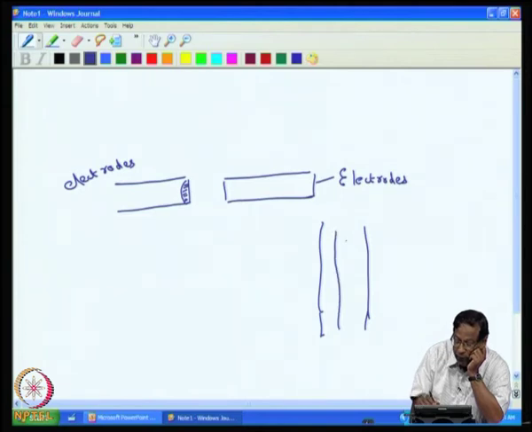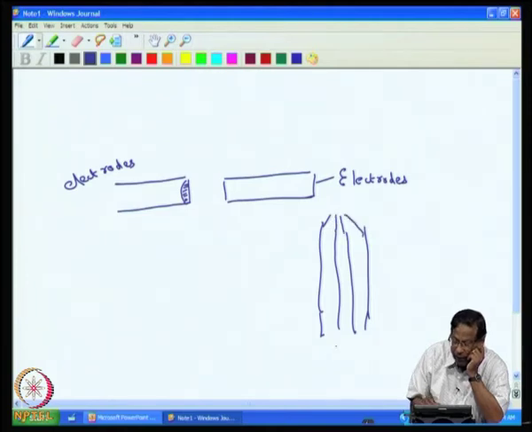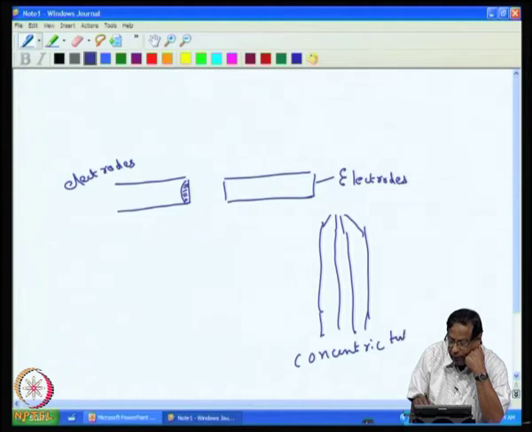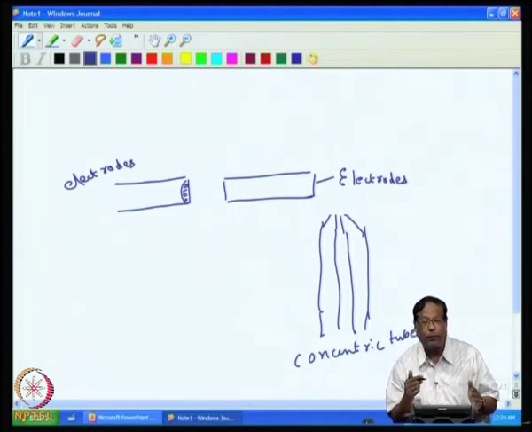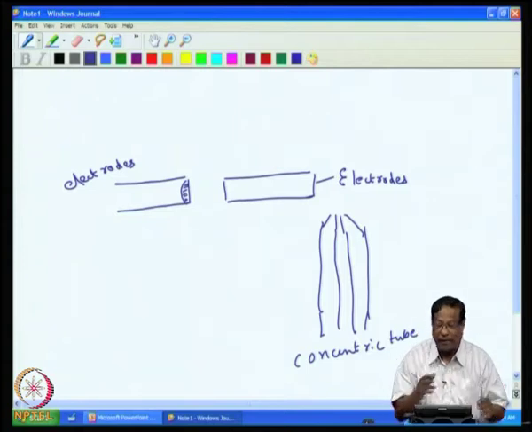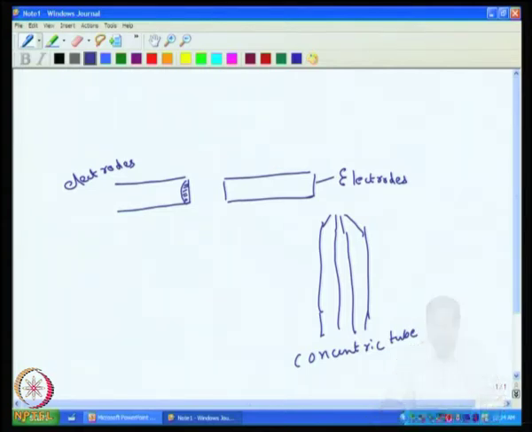There is one more tube, and all these will end up something like that. This is a concentric tube. So, two tubes, one inside the other, are organized like this.